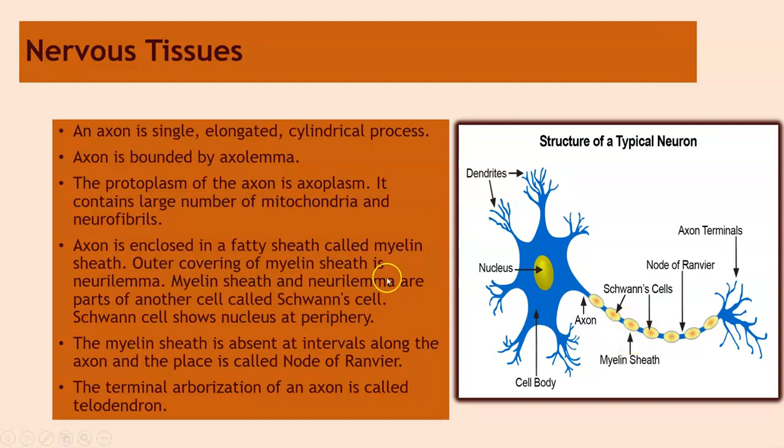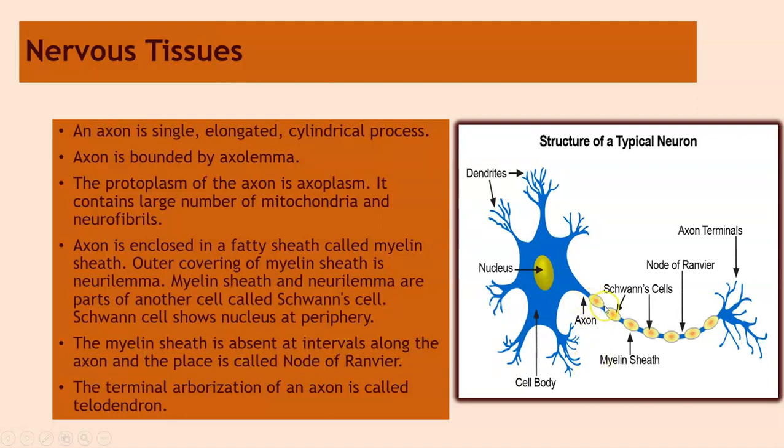Outer covering of the myelin sheath is called neurolemma. Myelin sheath and neurolemma are part of another cell called Schwann cells. So this together forms your Schwann cell. Schwann cell shows nucleus at the periphery. Can you see the nucleus here, which is at the periphery? The myelin sheath is absent at intervals along the axon.